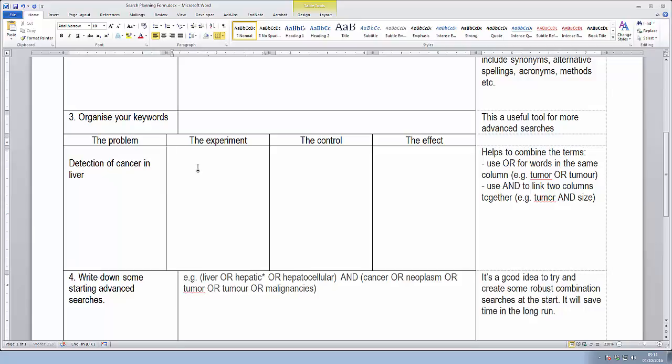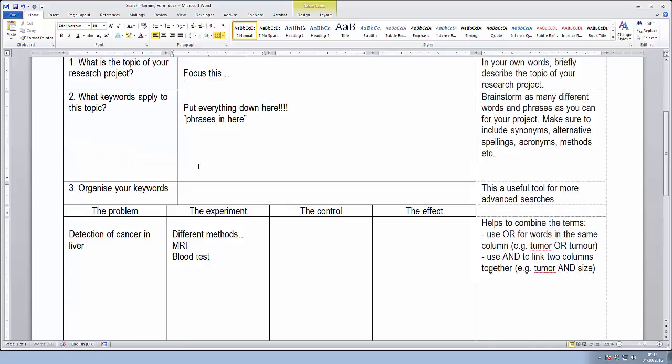The experiment then, in this case, is really about different methods. So you may have a list of 10 or 15 different methods that can be used for detection of liver cancer, from an MRI to a blood test. Okay, and these are the keywords that have been drawn from above.